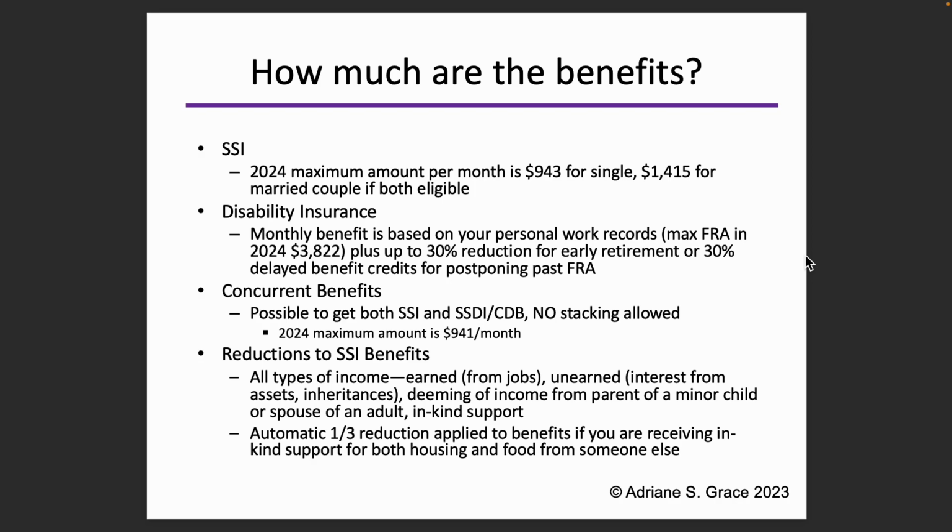There is also, and this one's a really important rule for y'all to know about, the 1/3 reduction. It's called the In-Kind Support and Maintenance Rule, or ISM. That rule currently says if you are receiving both housing and food from someone else, we will reduce your $943 by 1/3.